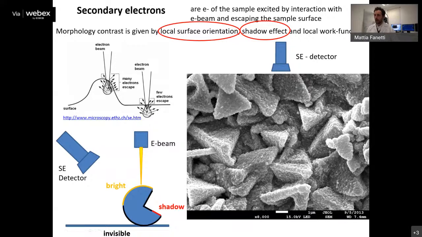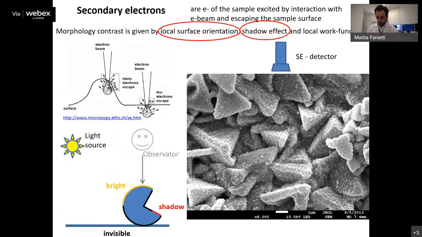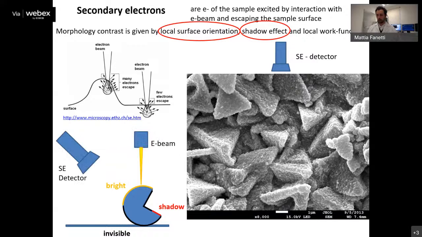This source of contrast called the shadow effect gives a kind of 3D vision, let's say, of the sample surface. This is very interesting because it helps the microscopist in having a three-dimensional view of the surface.